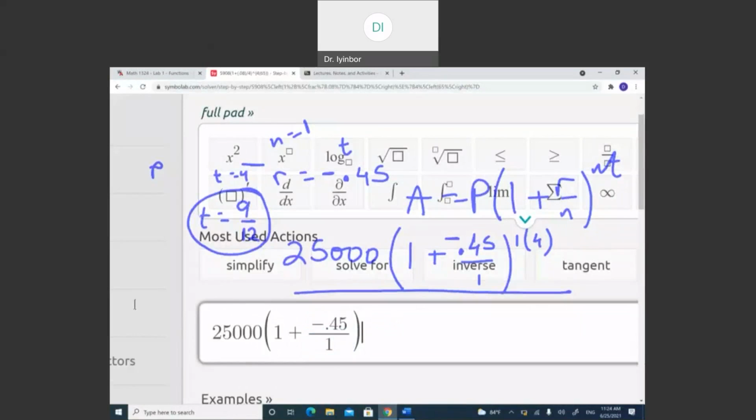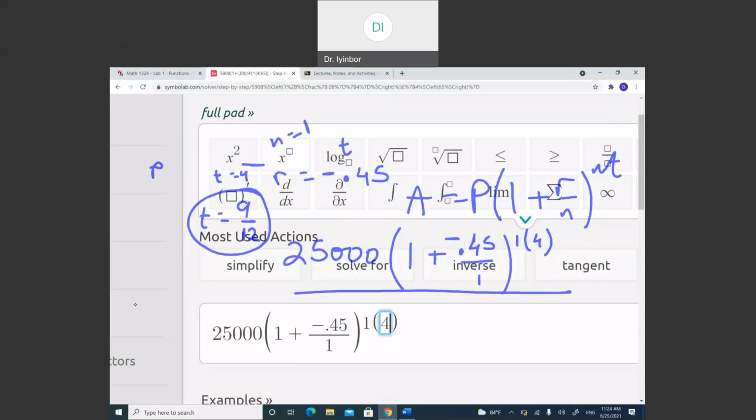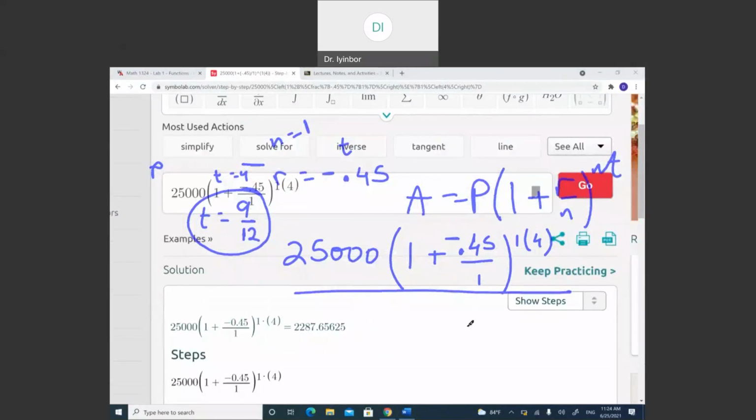And then the exponent is 1 times 4. So this is going to be the amount after the depreciation. The first one is going to be 2,287.66, because after the 5 it's 6, so I'm going to round to 66 cents. So that's my first answer.